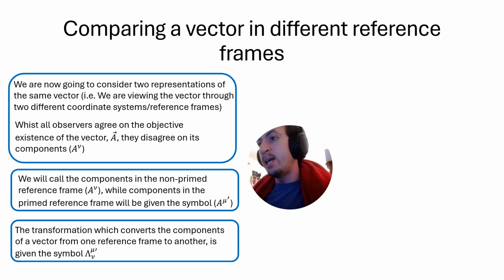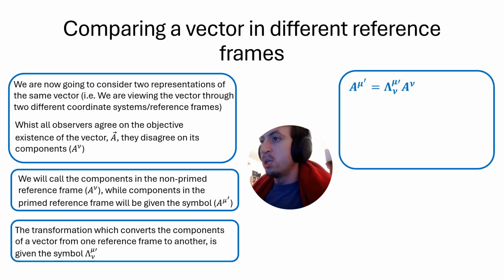So if A is a vector living in an n-dimensional space, then our transformation matrix is going to be an m by n matrix. So our transformation looks something like this, and because we're dealing with relativity, we use the rule that we sum over repeated indices.